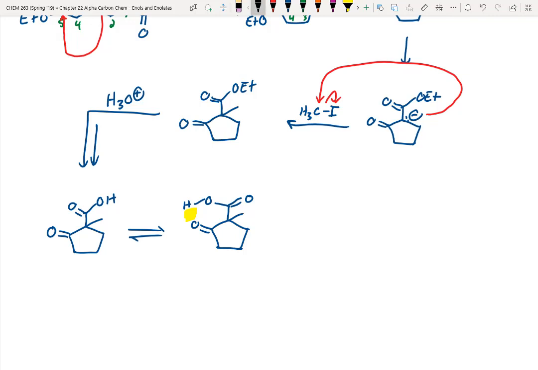And then like we saw before, if you apply heat, which was indicated in the reaction, this will steal that hydrogen. This will clamp down, and that will clamp down like that. Let me clean up this arrow. And so we'll do a decarboxylation reaction.